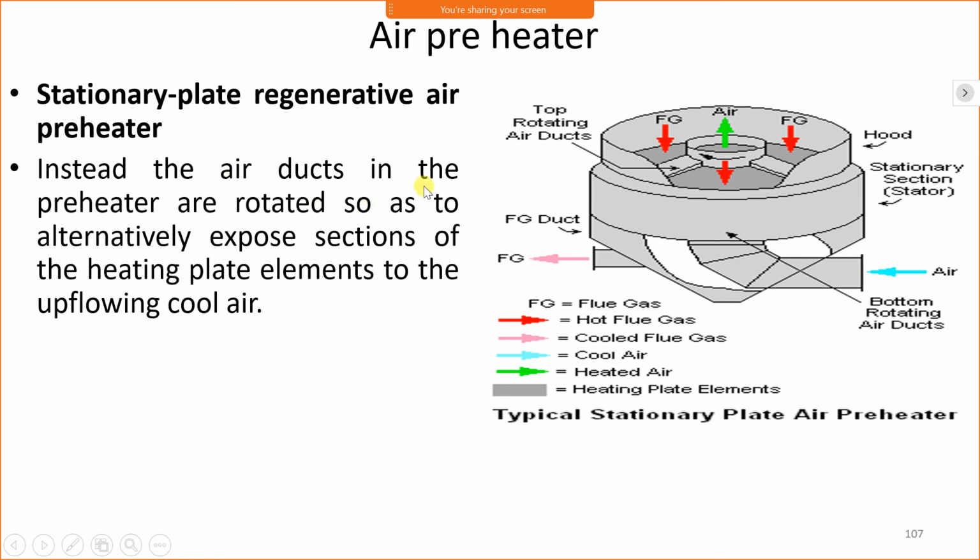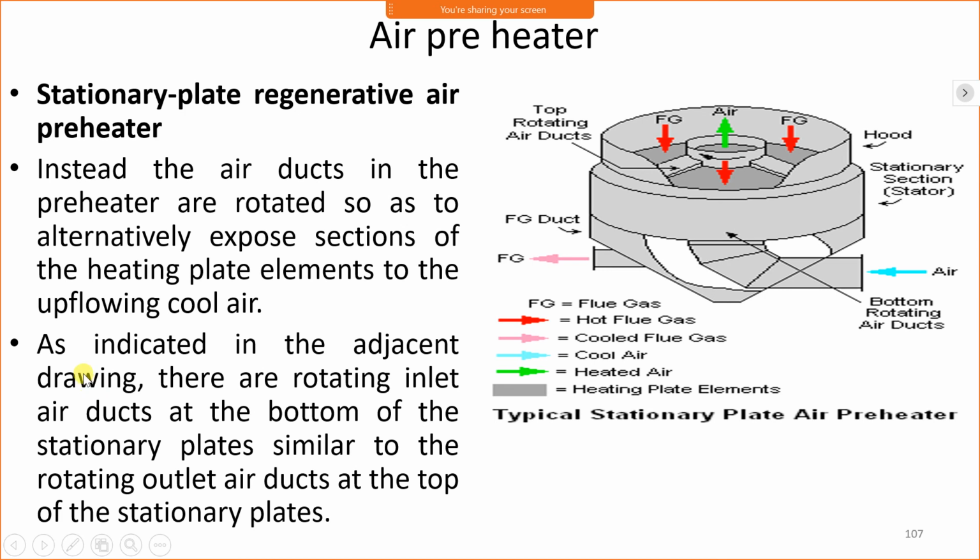Instead of air ducts, the preheater parts are rotated so that the heating plate element sections are alternately exposed to the upflowing cool air. Look here, it is being rotated. As indicated in the adjacent drawing, there is a rotating inlet air duct at the bottom of the stationary plate, similar to the rotating outlet air duct at the top of the stationary plate.